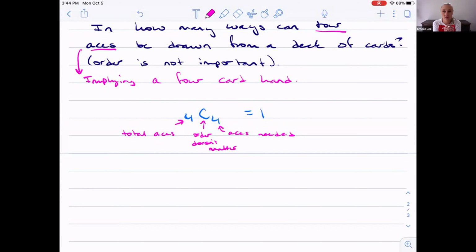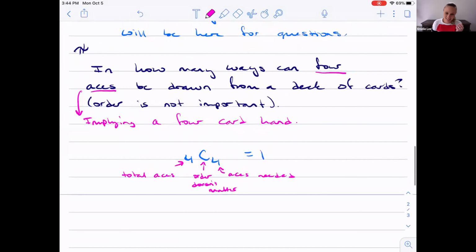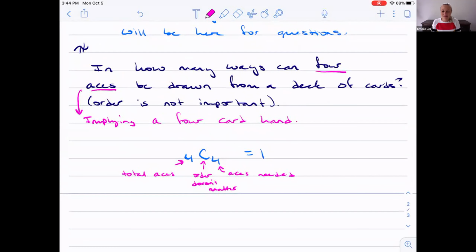Yeah, so there's only one way to draw 4 aces. So whenever you're specifying what kinds of cards you're looking for, this first number is going to be however many of those cards are available, right? This is actually kind of a hard question. Well, it's not a hard question once you figure out what's going on, but it doesn't behave the way you think it does, right?